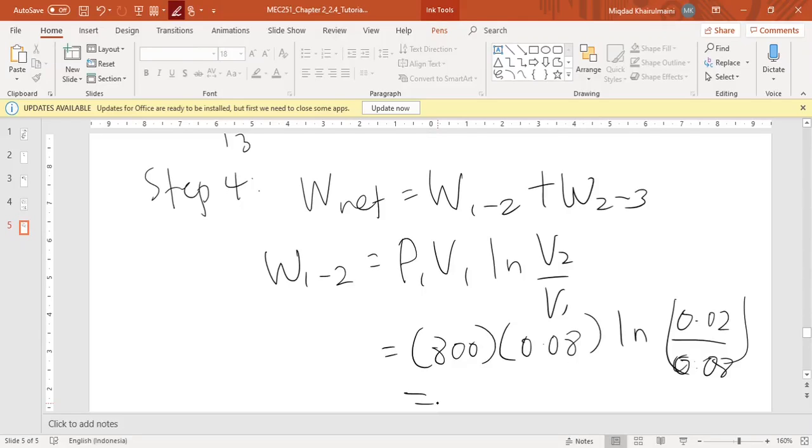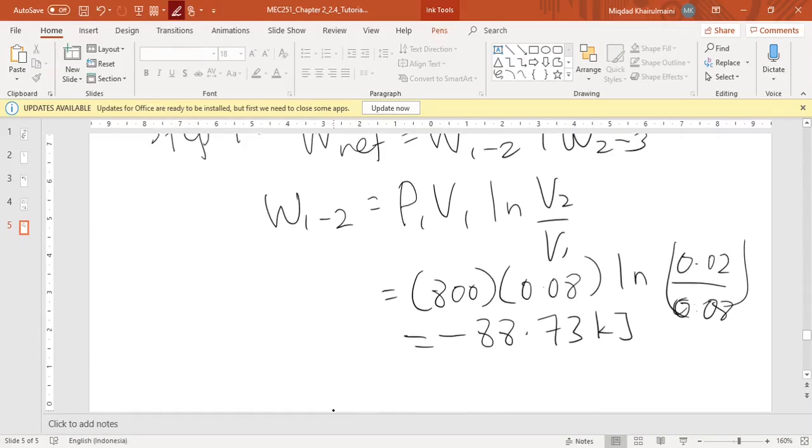So if I'm not mistaken, it's negative 88.72. Negative here means work in, and it is correct because it's a compression process, so work has to be put into the system. That's why the value is negative. So should be okay.